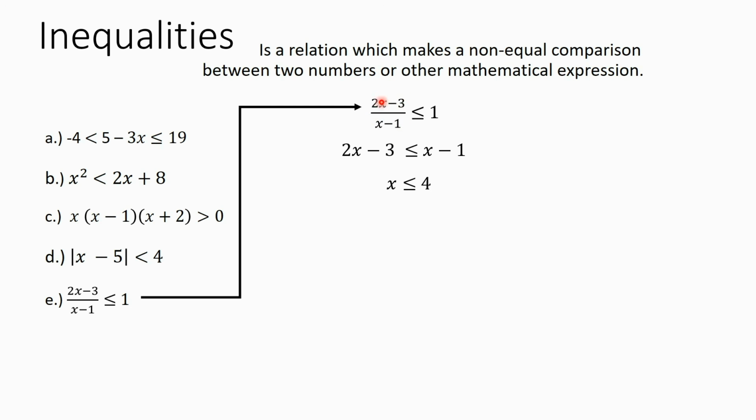If the number is bigger, it will be greater than 1, so we're going to use greater than 0. So x minus 1 is greater than 0, so x is greater than negative 1. So we have this kind of solution: from negative 1 to 4, which is also equal.